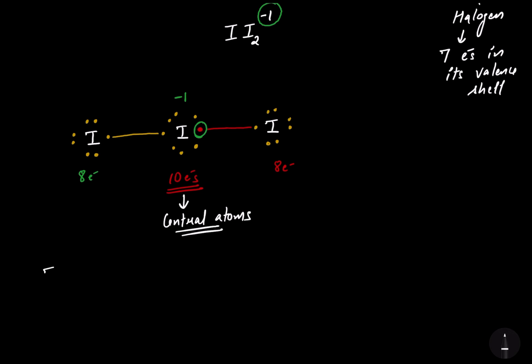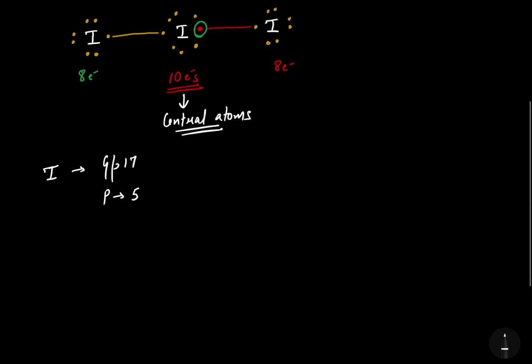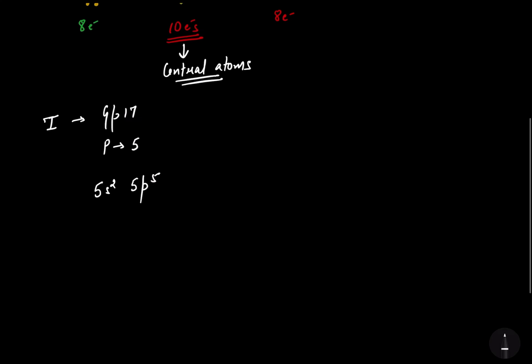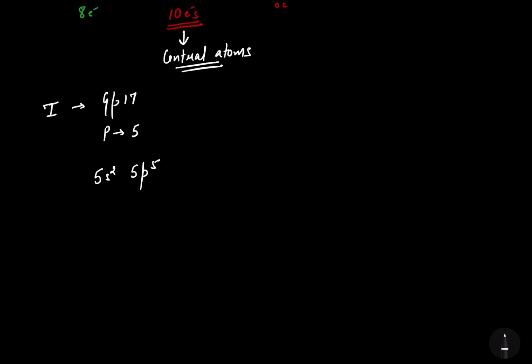So let's talk about the iodine. Iodine belongs to the group number 17 and period number 5. So its configuration will be 5s2 5p5. Let's make the orbital diagram for the 5s and 5p.